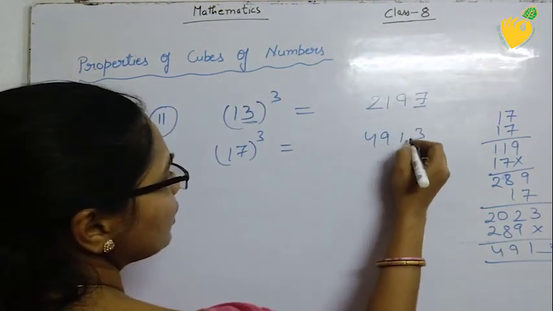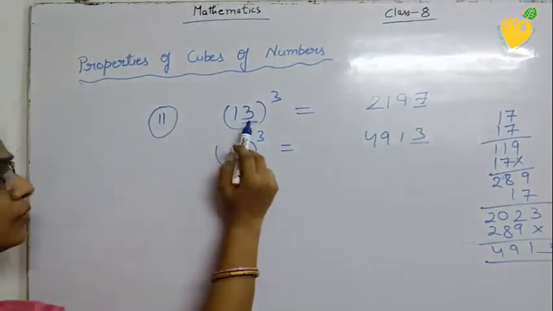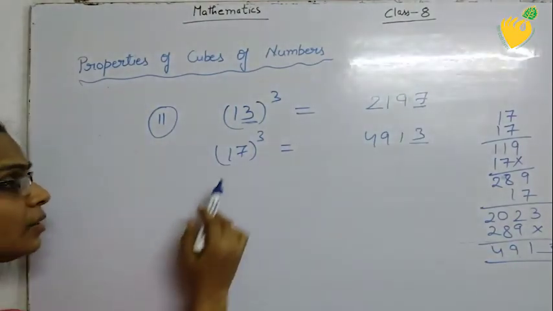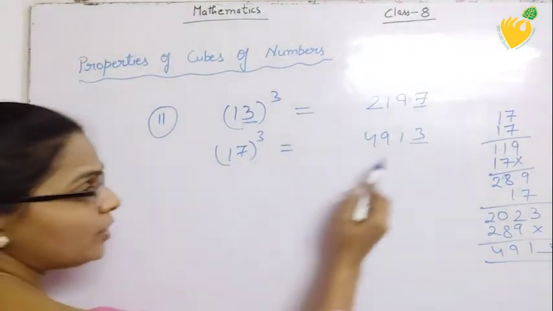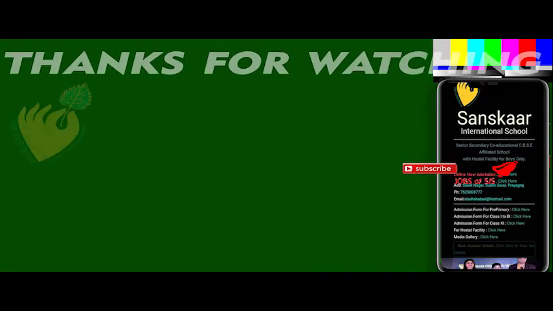You can write 4913. So we can easily see that if any number ends with 3, then the cube of that number will end with 7. And if any number ends with 7, then the cube of that number will end with 3.